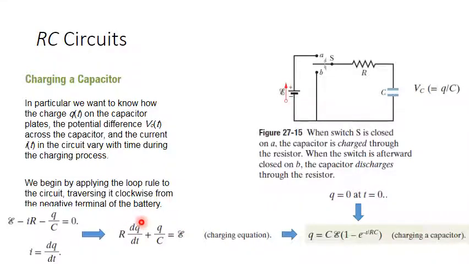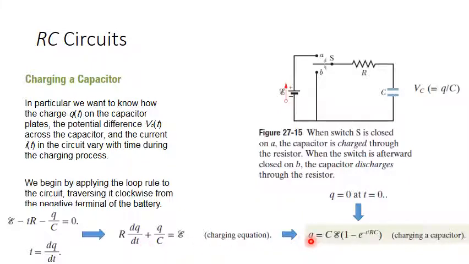Now we have a differential equation for the charge with respect to the time. By solving this differential equation, we can find Q, the charge, as a function of time.